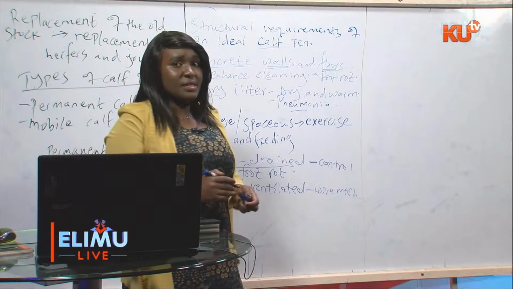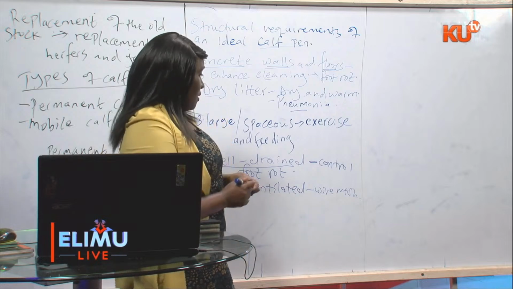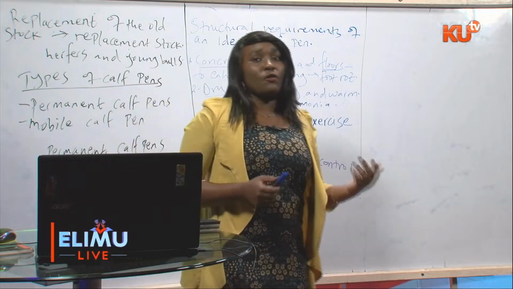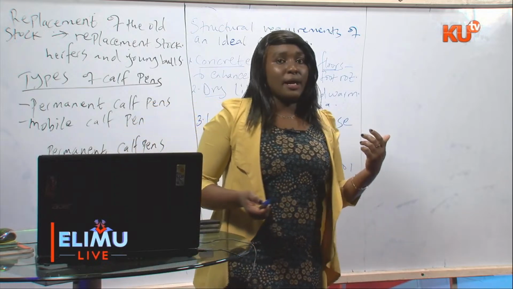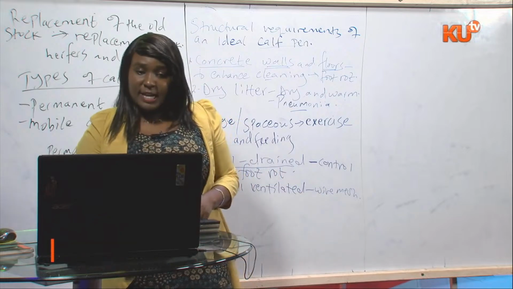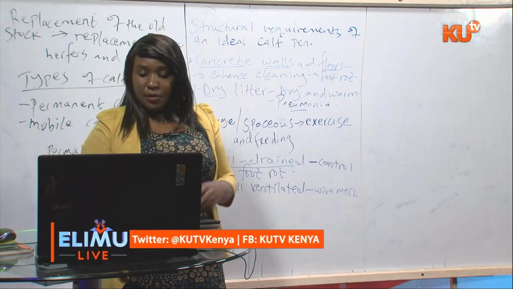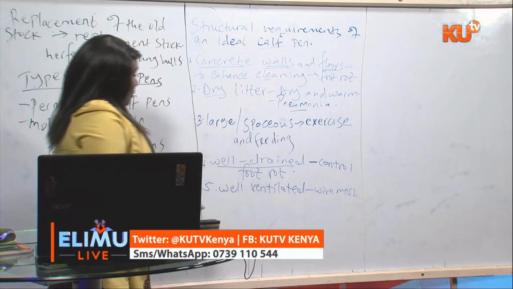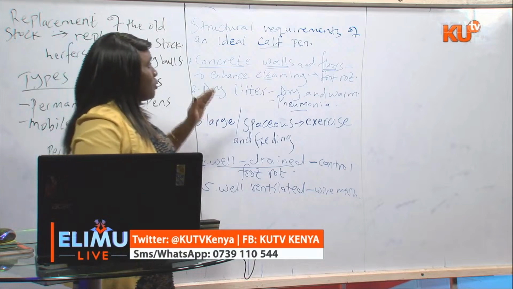The ventilation boosts the immunity of the animals because there is free circulation of oxygen into the body of the calves. So a well ventilated calf pen is an ideal one for the growth and for the rearing of these animals.